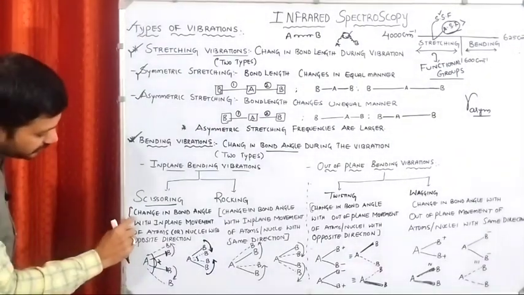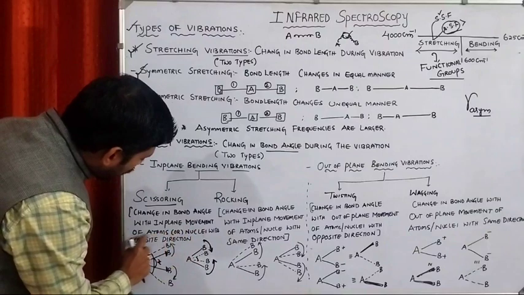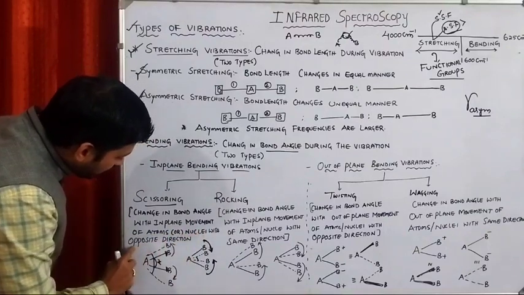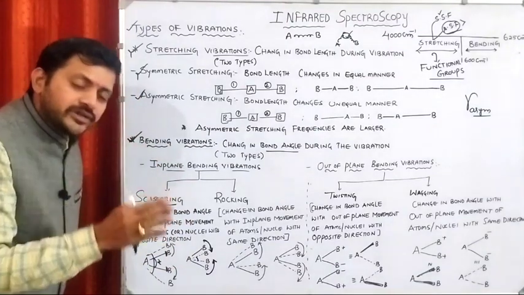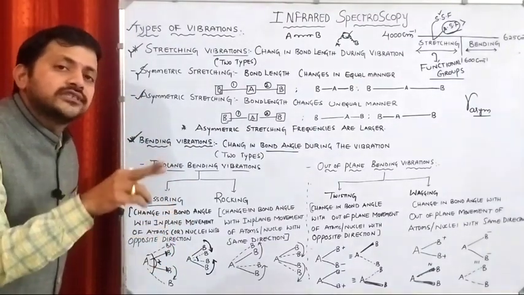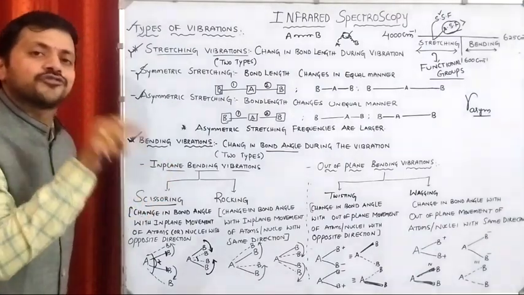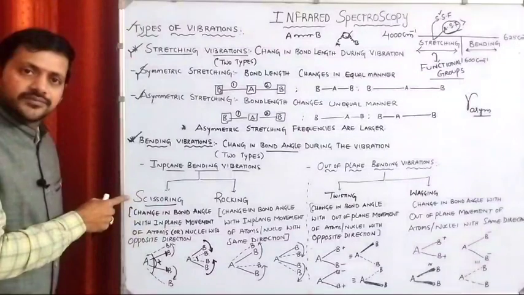What is the definition? Change in the bond angle with in-plane movement of the nuclei of atoms in opposite directions. The bond angle should change. How? By the opposite direction of movement of the atoms. Then that is commonly called scissoring.